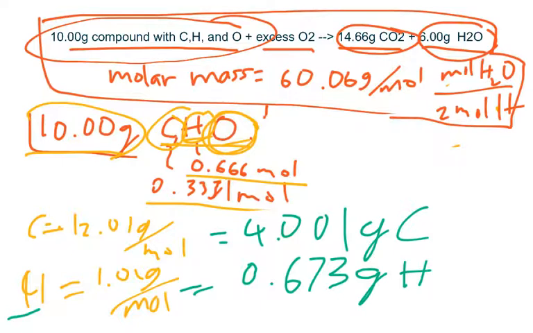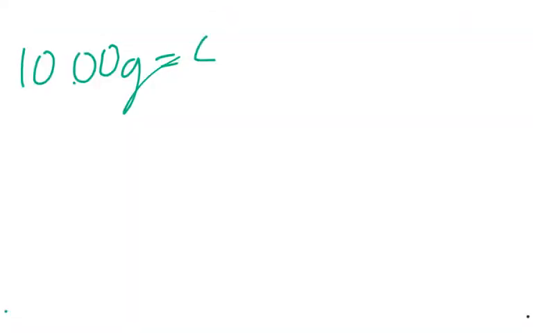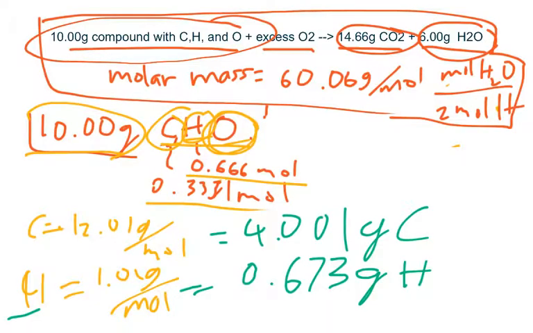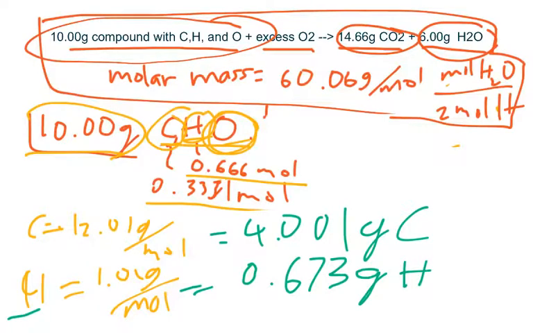So let's just do an algebraic equation. So let me do this. 10.00 grams is our total mass, and that's equal to the mass of carbon, which is 4.001 grams, plus 0.673 grams, plus an unknown number of grams of oxygen, since that's what we're solving for in this problem.